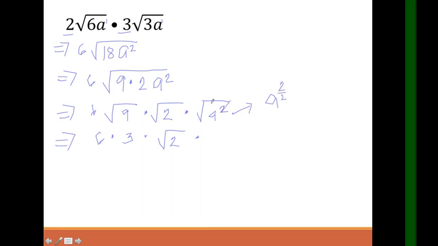So, pwede natin i-cancel ito tsaka ito. So, matitira na lang is a because 2 divided 2 is 1. Tama? So, meron siyang exponent na 1. Then, pwede kong i-multiply ngayon si 6 tsaka si 3. That's 18. Then, just copy a because 18 times a is 18a square root of 2. So, this is our final answer for this particular example. Clear ba yan?